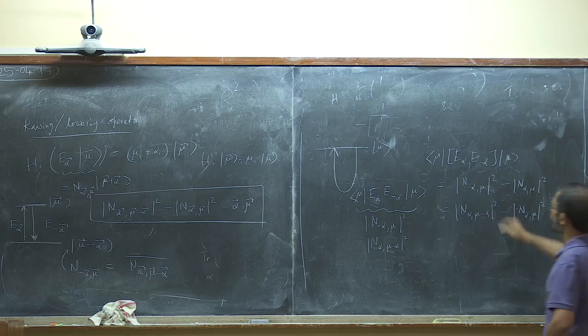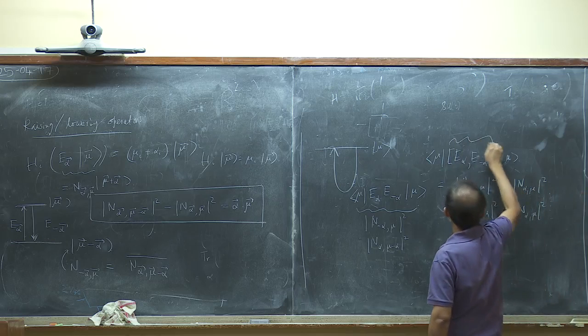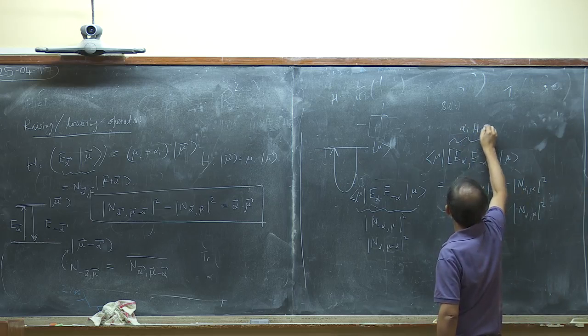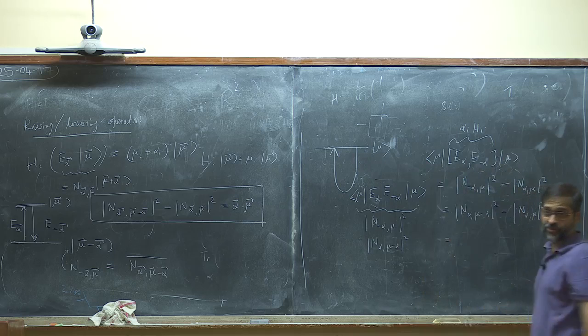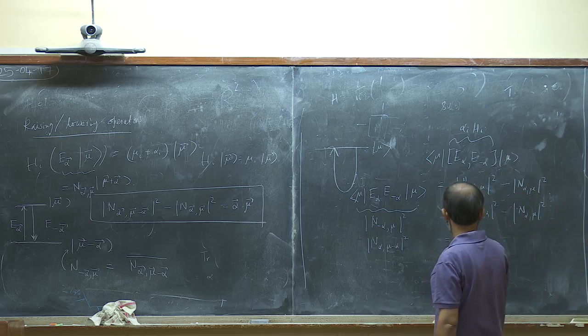But what is this object? I know this is something that we have proved, that this is α_i h_i. And h_i acting on these μ's gives just μ_i. Therefore I proved that this is the same as α_i μ_i.